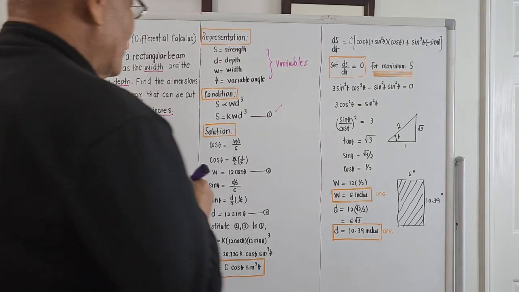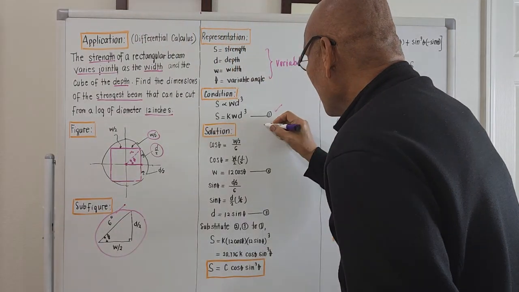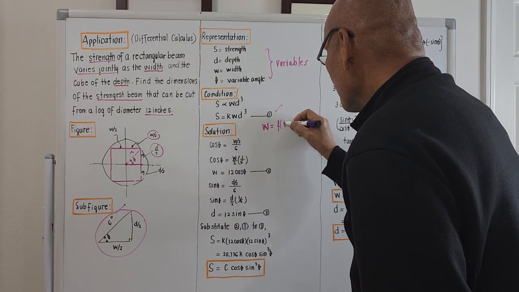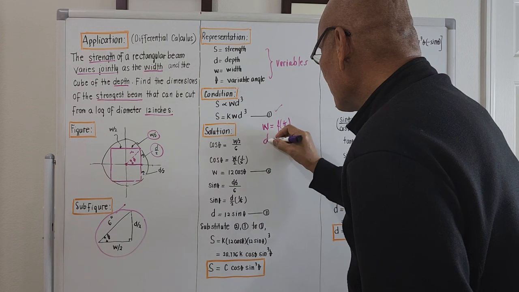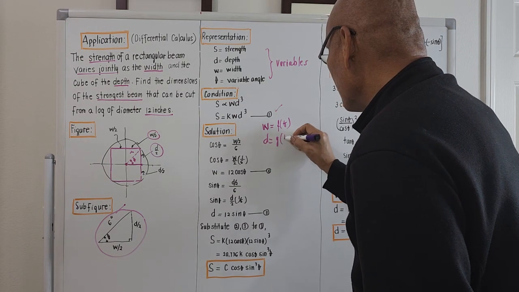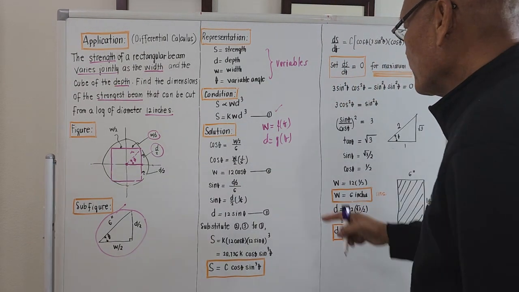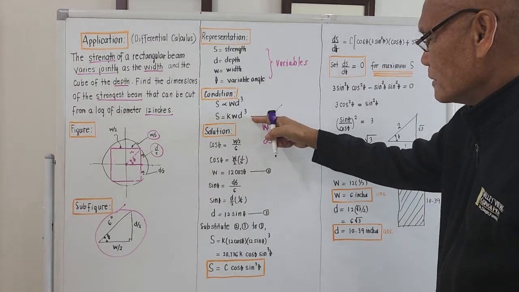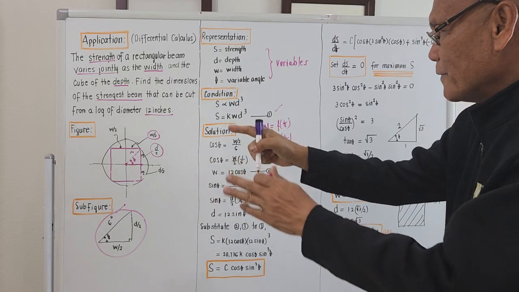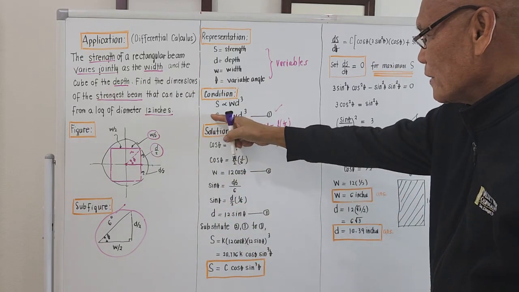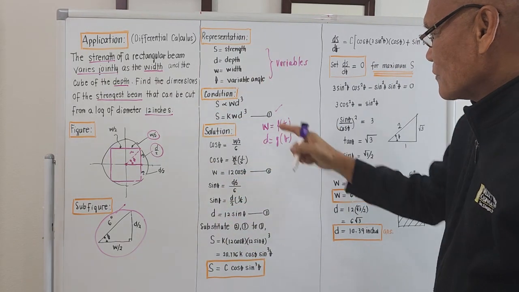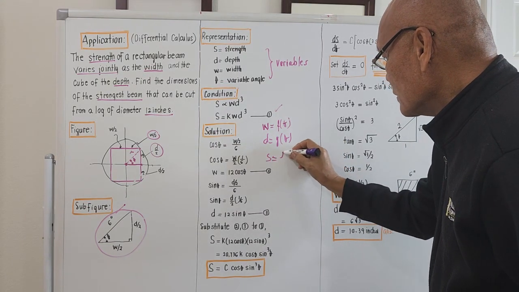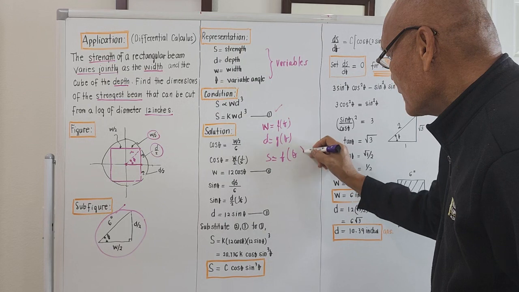We must bring out W as a function of theta, and the depth also as a function of theta. Okay, we will find this relation here, so we could place it in equation number 1. So we will have an equation of the strength of the beam as a function of theta.